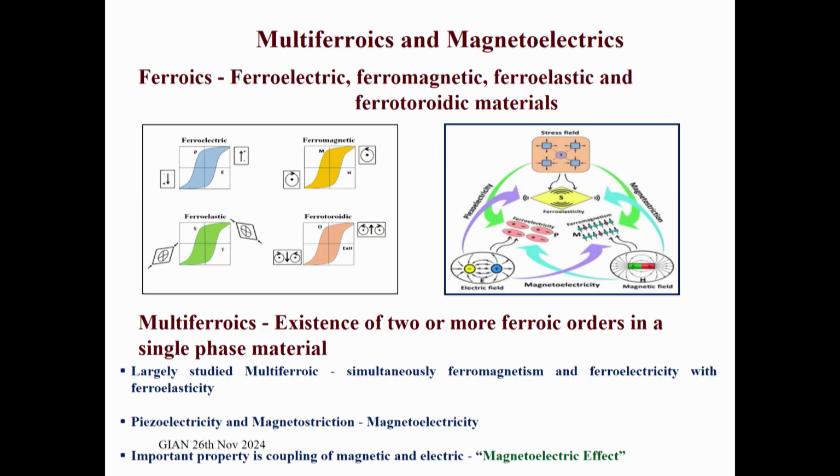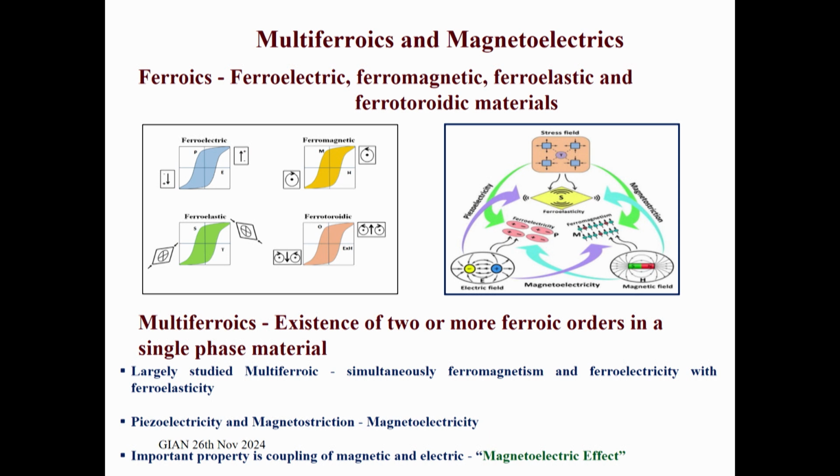Now as far as the multiferroic is concerned, there is the existence of two or more orderings. As far as this kind of multiferroic is concerned, more specifically, there is one category of multiferroic where ferromagnetism and ferroelectricity exist along with ferroelasticity.